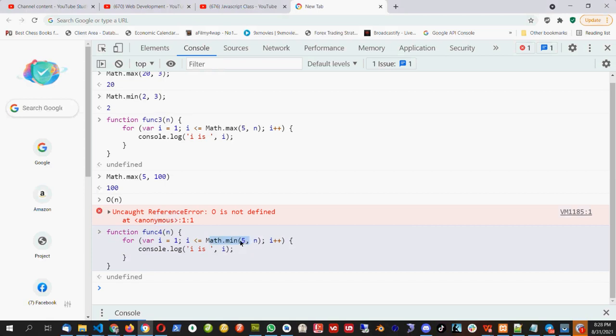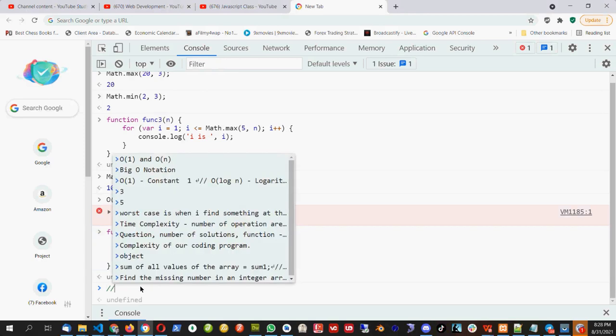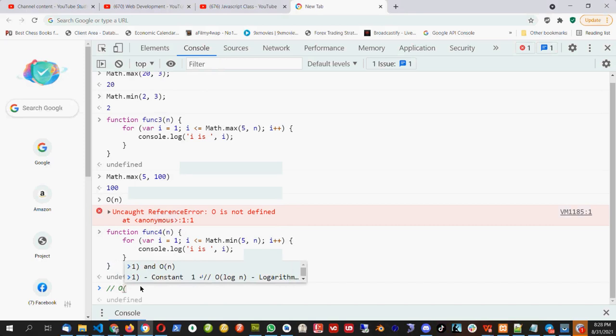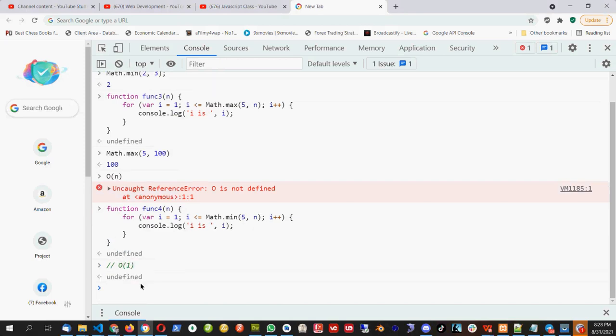One is 5, one is a million, so it will go only 5 times. Since it goes a maximum of 5 times, it is a constant, because 5 is a constant number, and therefore it is of complexity O(1), that is, constant.